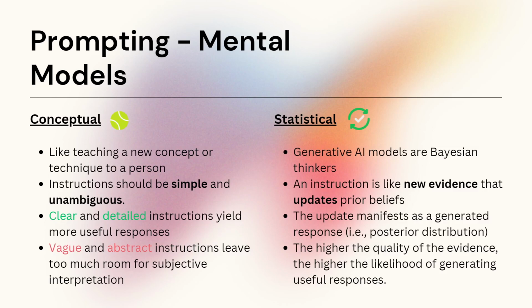Now, from my experience, I found two perspectives very helpful for thinking about prompting. One is I'm going to call it the conceptual model, and this is where my tennis experience, or at least teaching background, plays a role. For example, imagine you're explaining a complex task to a brilliant child or some very well-behaved soldier who just follows rules meticulously.